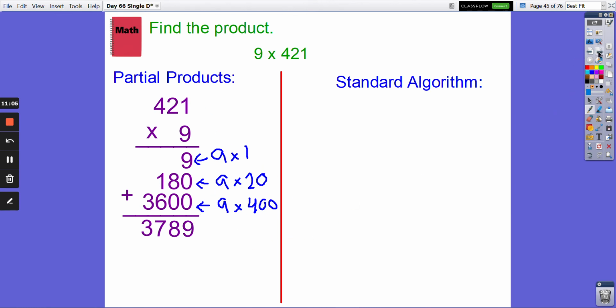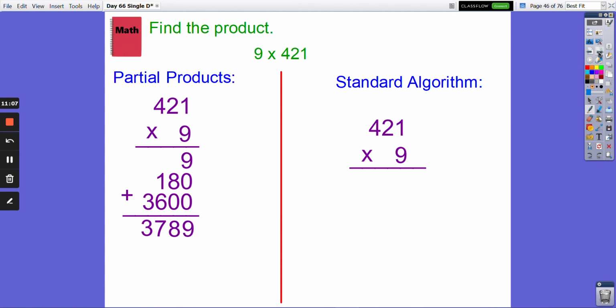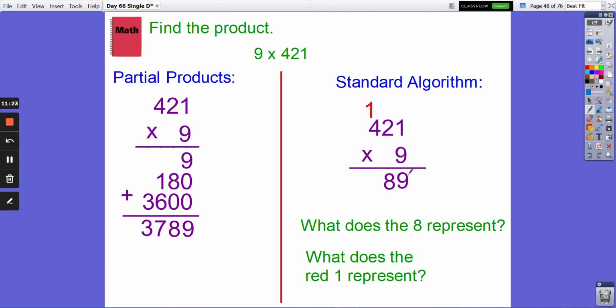Okay? Standard algorithm. Again, same math, same numbers we're going to use. We're just going to write them down a little differently. So 9 times 1 will give us 9. Nothing to carry over or regroup here. 9 times 2 gives me 18. Okay, I wrote the last digit of the number I came up with at the bottom, and I regrouped that first number to go on the top.